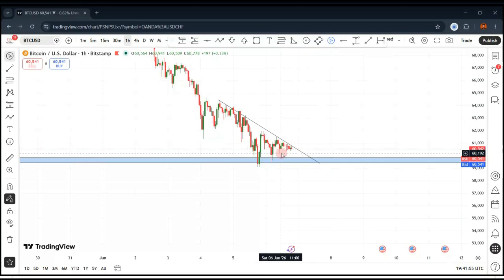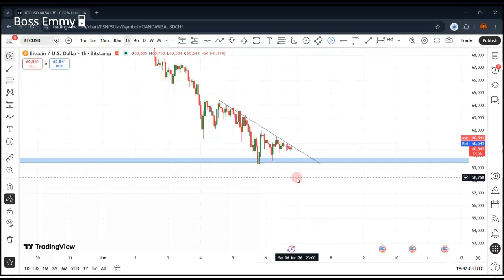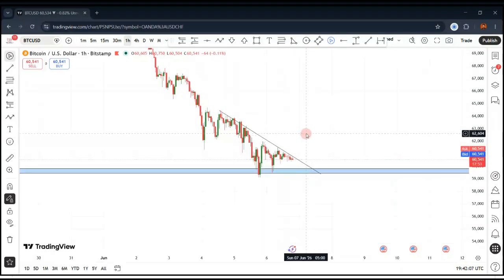We are going to see that this market will be ranging around this zone for a longer period of time, unless it breaks to the upside or breaks to the downside. So now, what are we expecting the market to do? We'll come back to the 30-minute time frame.